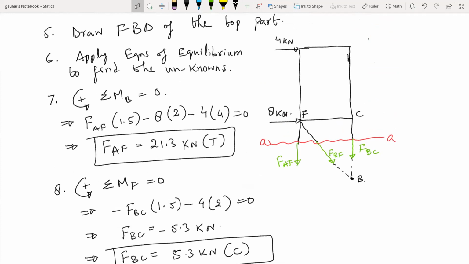So FBF is inclined force, so it has X component and Y component both, right? So even if we do sigma Fx, we can find FBF. Or if we do sigma Fy, we can again find out FBF, right? And from the dimensions given, you can just make out that this triangle ratio is 5, 3, and 4, right?